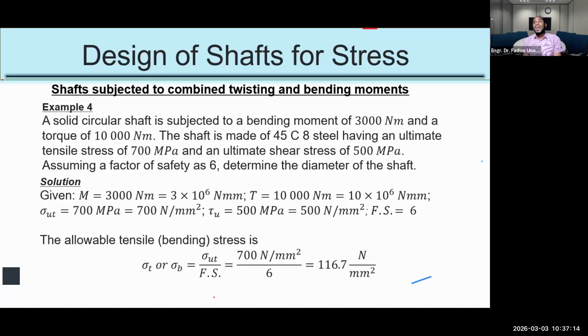They've given us that, and a torque of 10,000 Newton meter. The shaft is made of 45C8 steel, having an ultimate tensile stress of 700 megapascals and an ultimate shear stress of 500 megapascals. And we are asked to determine the diameter of this shaft if we assume a factor of safety of 6. Okay, so let us go and calculate.